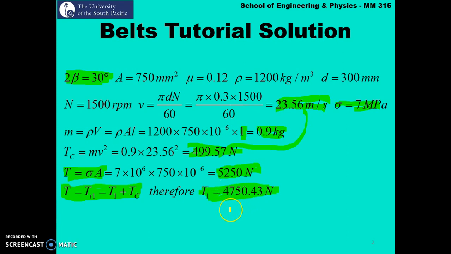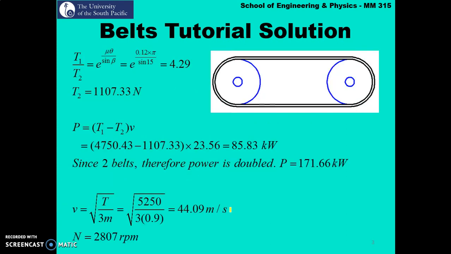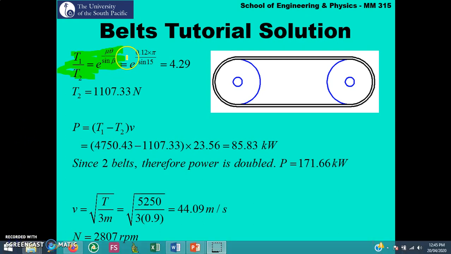The next thing is we can find T2 using our tension ratio. For V belts, the tension ratio is given as such: T1 over T2 equals exponential of mu theta over sine beta. The coefficient of friction was given as 0.12.